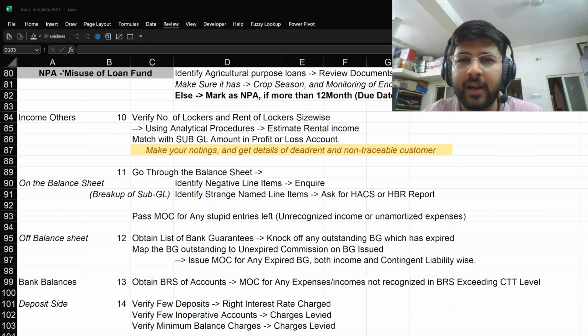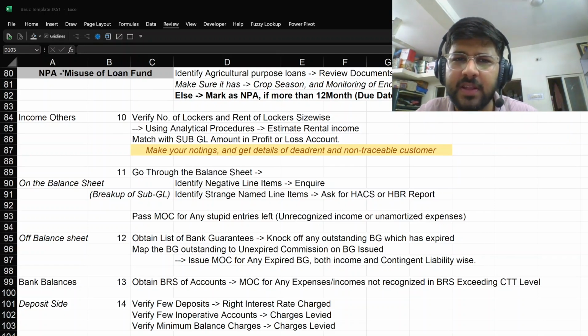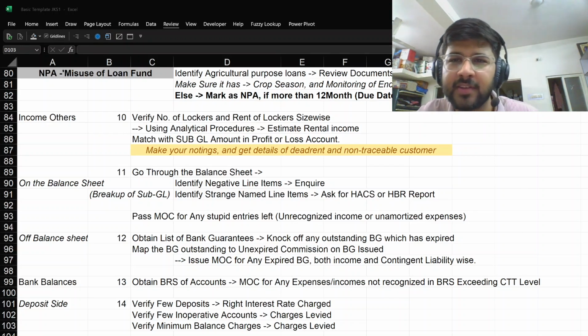Try to estimate the rental income by using how many lockers were provided and how many lockers were vacant, and multiply it with your rate based on the size of the locker, and you get to an estimate of rental income. If there is sufficient variance, you can get some assurance regarding it. Make your notings about dead rent and non-traceable customers.